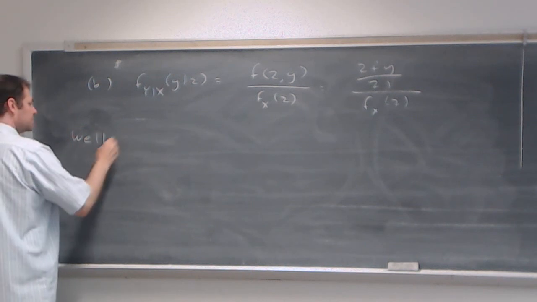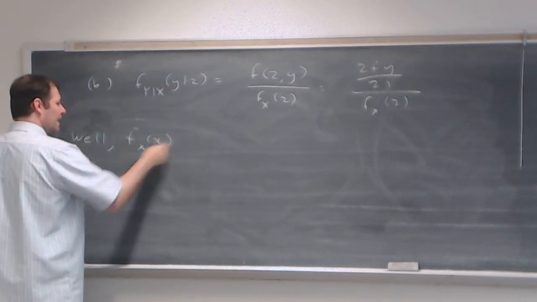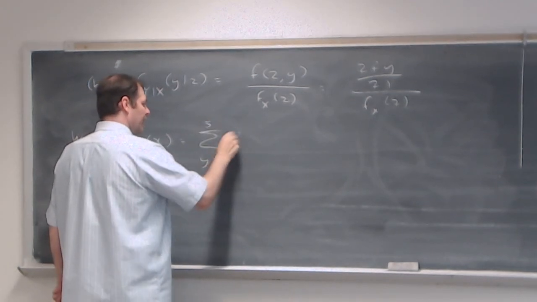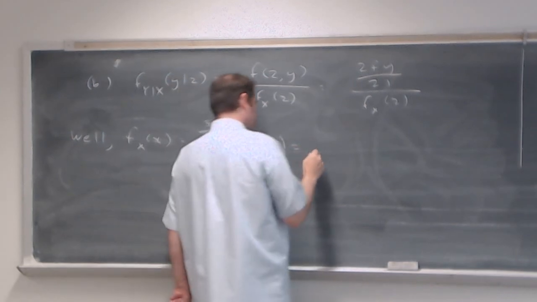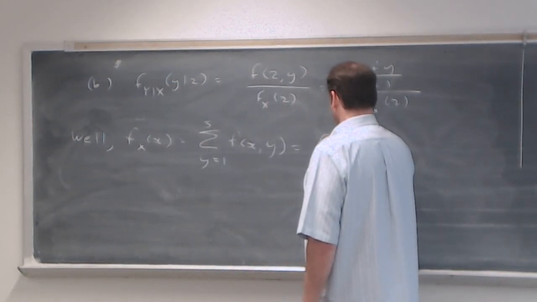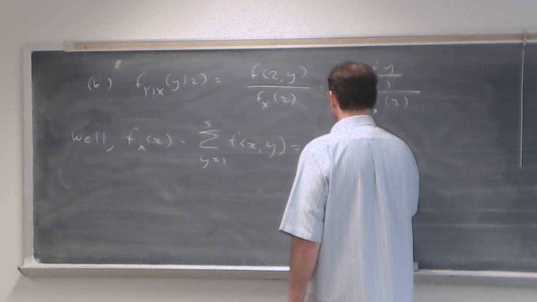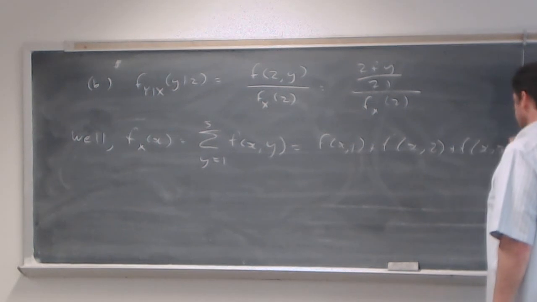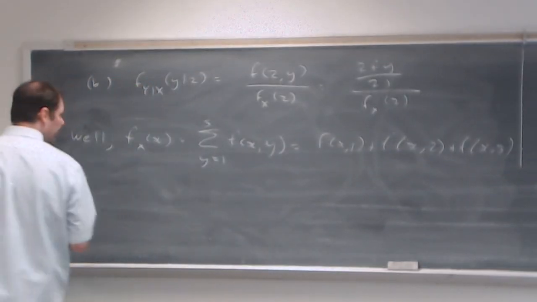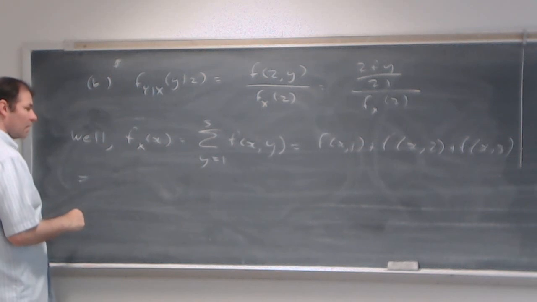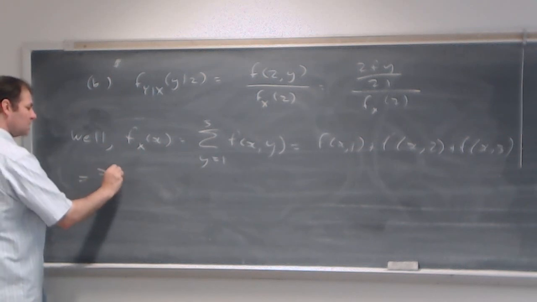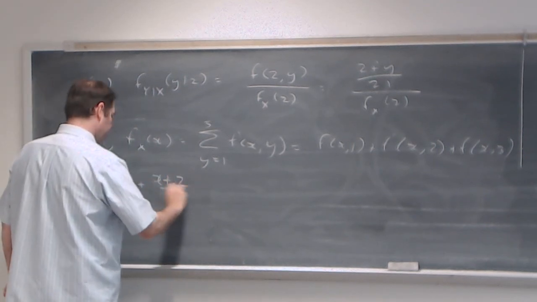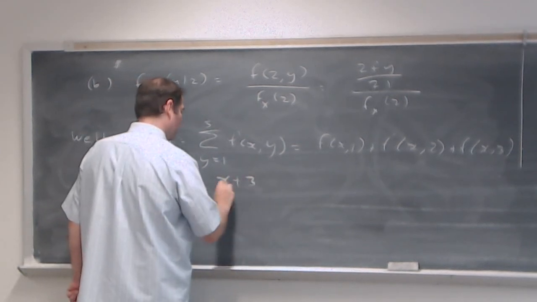Well, in general, f of x, the probability mass function of x, is the sum over all y values, that's 1 through 3, of f of x comma y, which is equal to f of x comma 1 plus f of x comma 2 plus f of x comma 3. That's x plus 1 over 21, plus x plus 2 over 21, plus x plus 3 over 21.